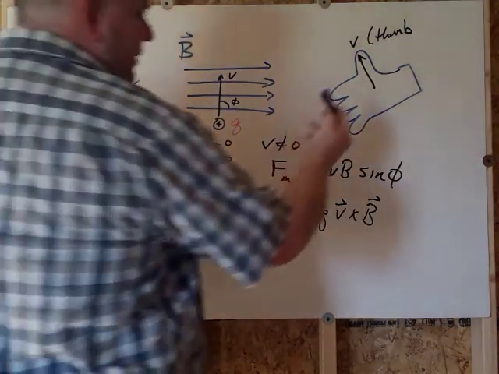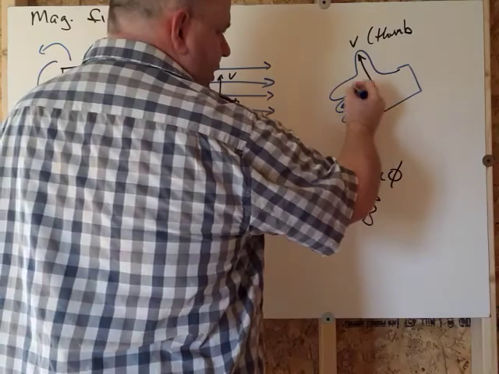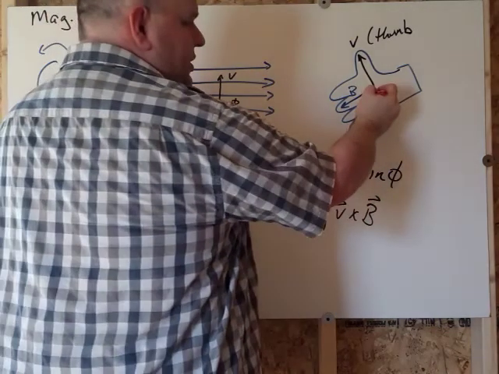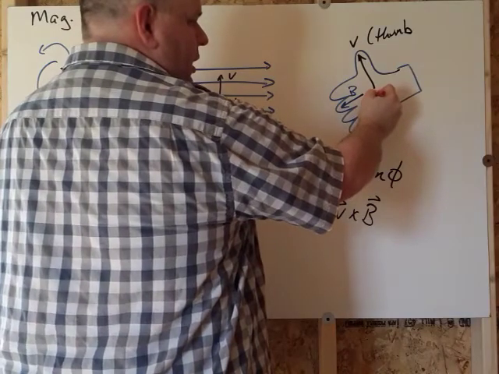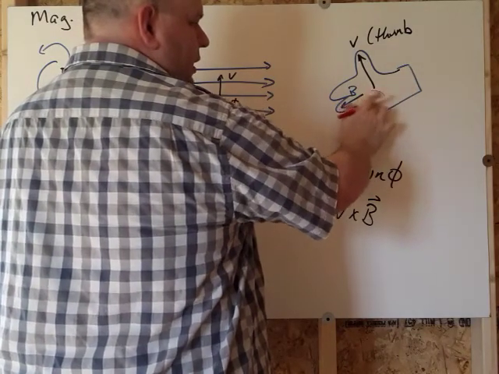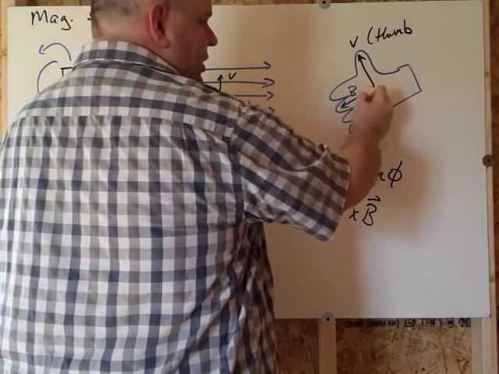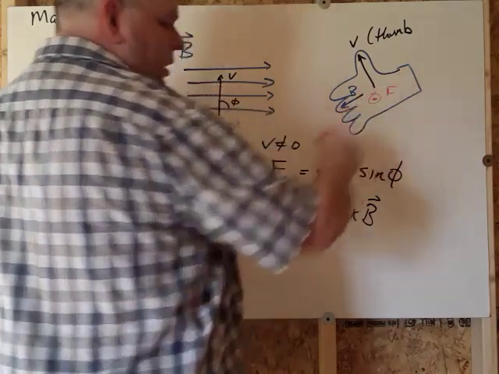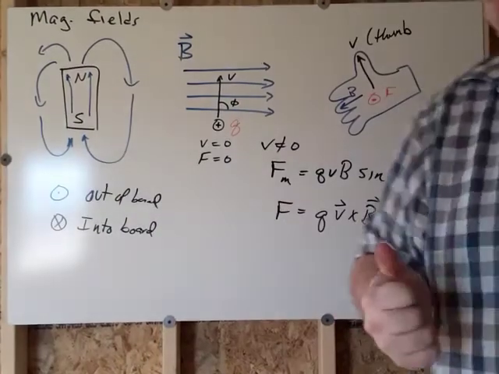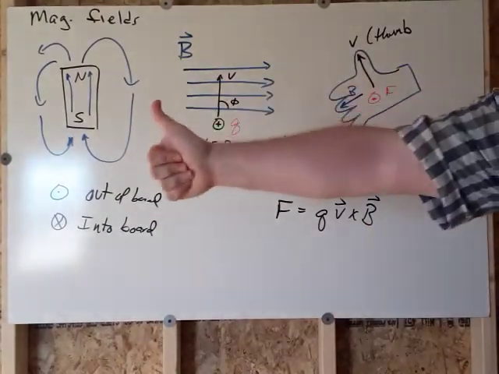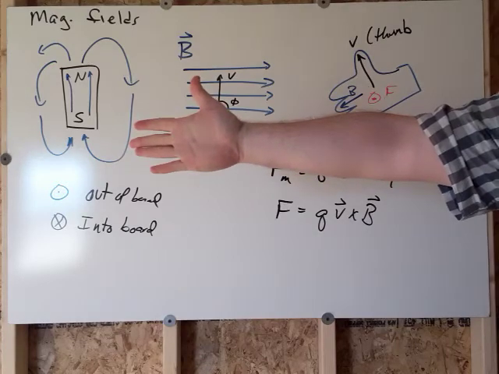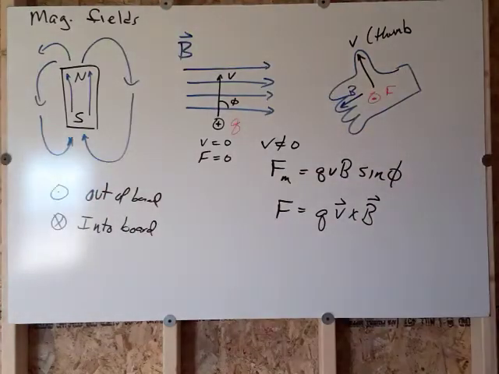You're going to have the field along the fingers, and your force is going to push out. All right. So, right hand rule, thumb is upwards, your fingers are in the direction of the field, and you are pushing in the direction of the force.